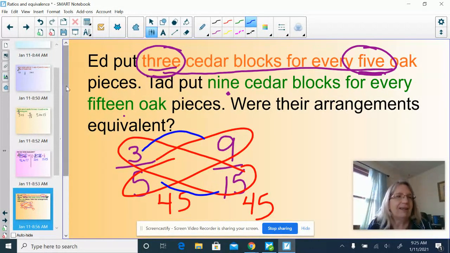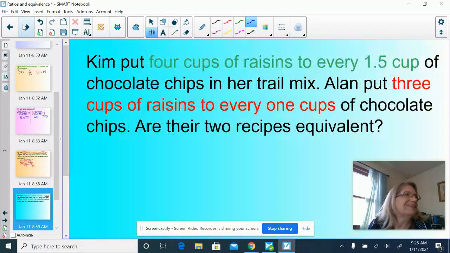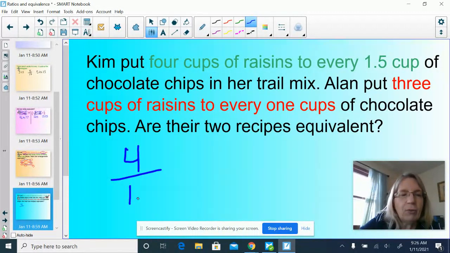Okay, I'm almost done. Kim put 4 cups of raisins for every 1.5 cups of chocolate chips in her trail mix. Hear that as a ratio, and whatever comes first goes in the numerator. So 4 to every 1.5.